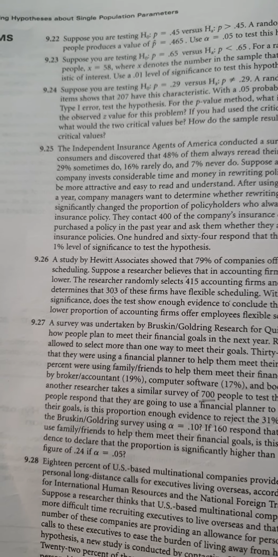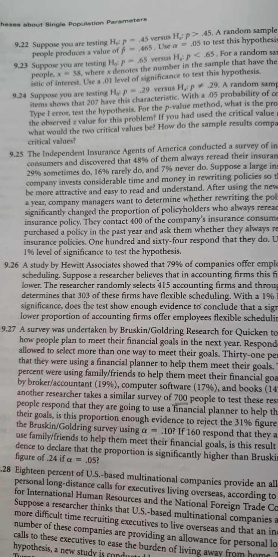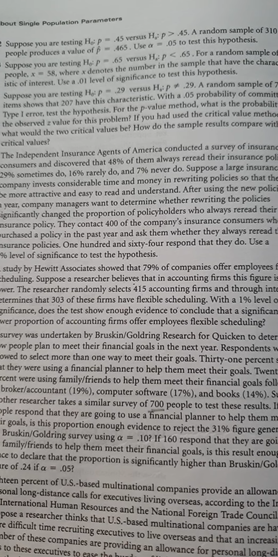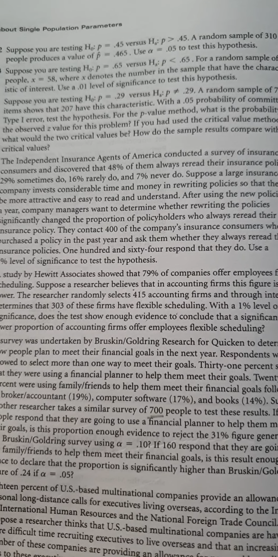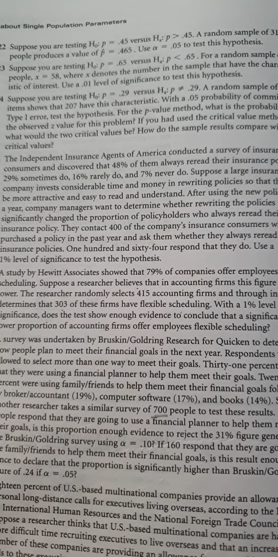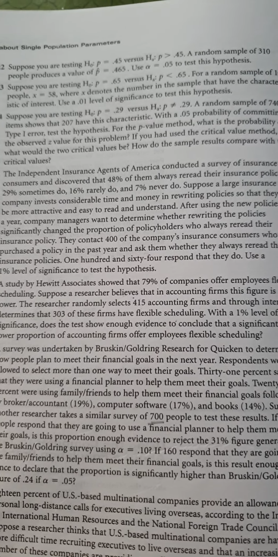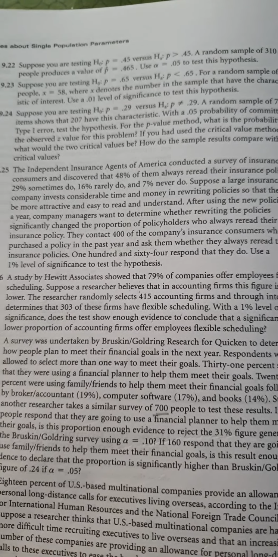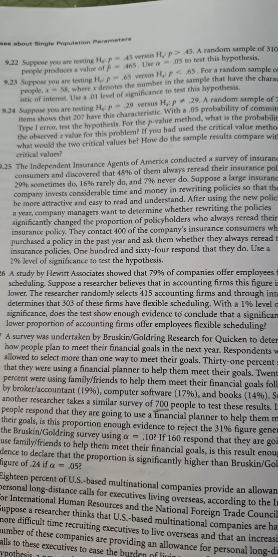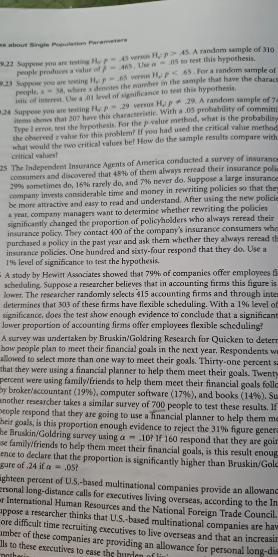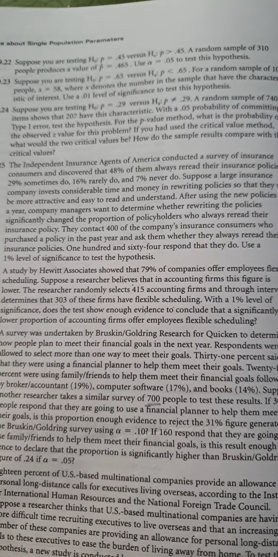Exercise number 9.4, page number 326, sum number 9.22. Suppose you are testing p equals 0.45 versus the alternate p greater than 0.45. A random sample of 310 people produces the value of p cap. Use alpha 0.05 to test this hypothesis.